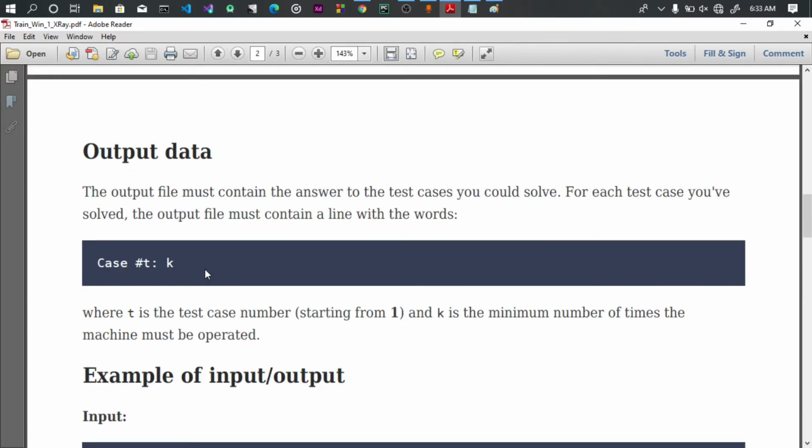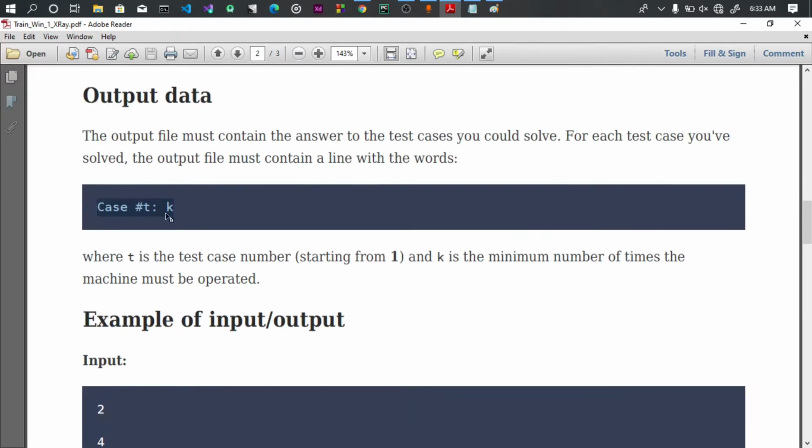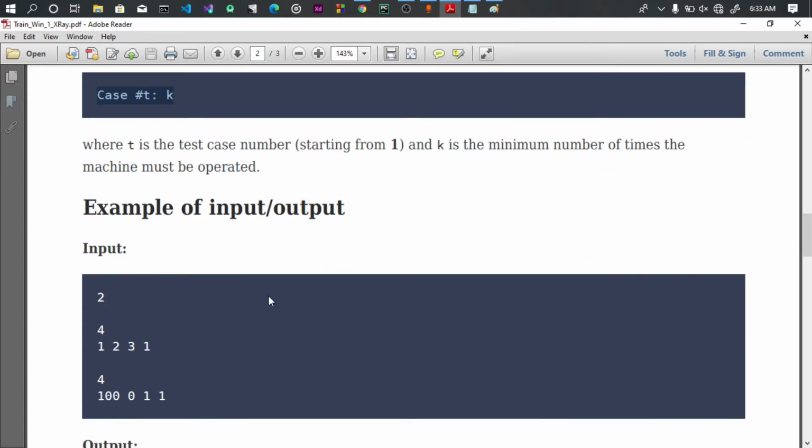The output file must contain the answers to the test cases you could solve. For each test case you have solved, the output file must contain a line with the words Case #t: k, I think this is the format, where t is the test case number starting from 1 and k is the minimum number of times the machine must be operated.